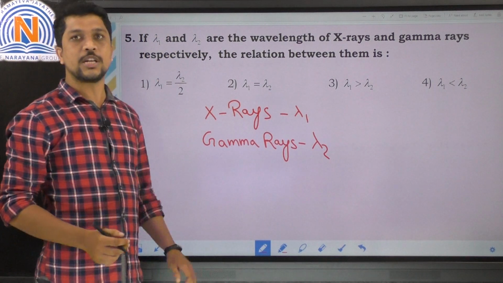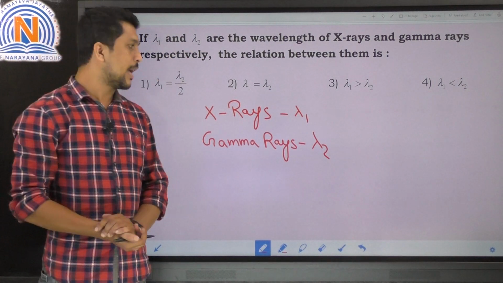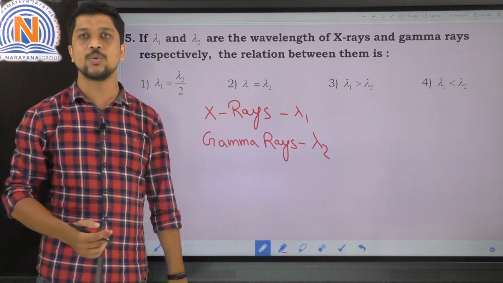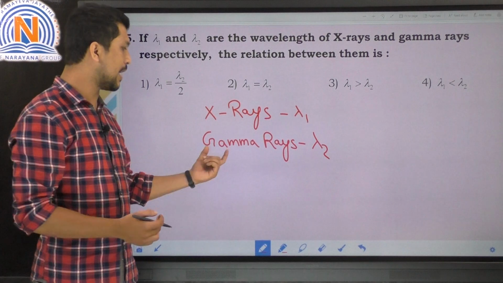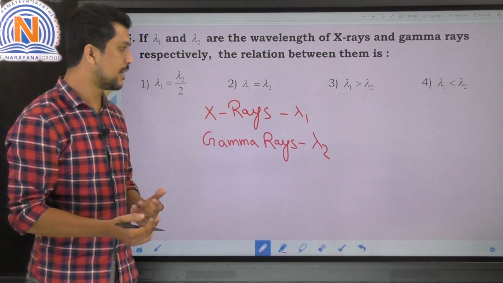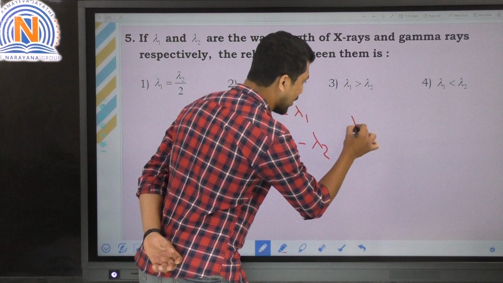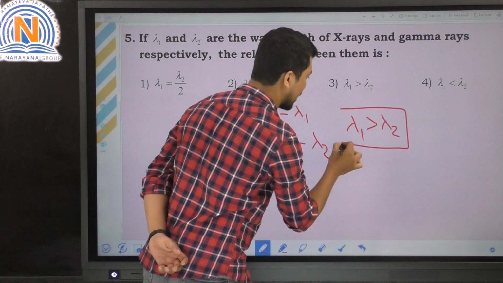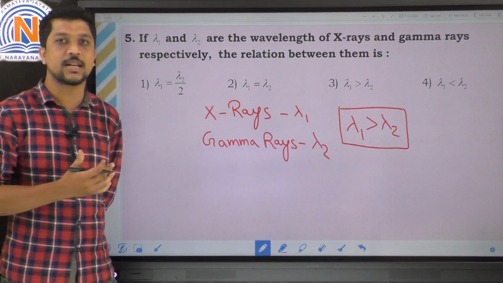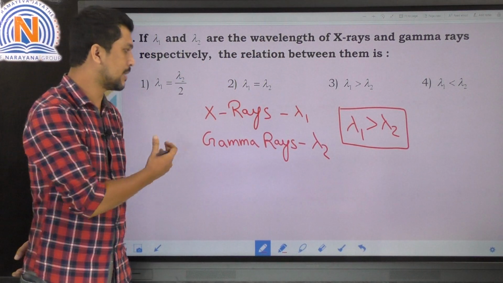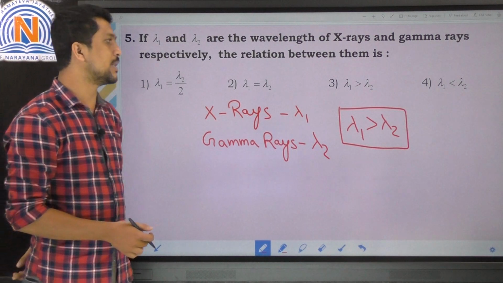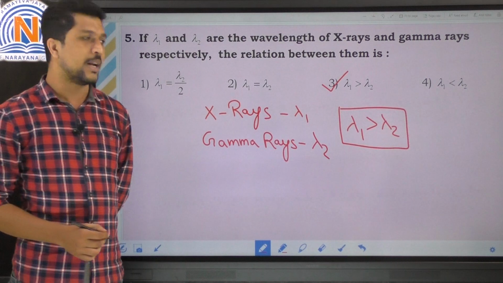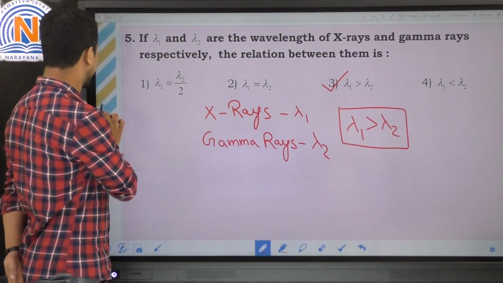According to the electromagnetic spectrum, gamma rays have less wavelength than X-rays. Then we can write the relation lambda 1 greater than lambda 2. So the wavelength of the X-rays is more than the gamma rays. The correct option is the third option. Clear? Let's move on to the next question.